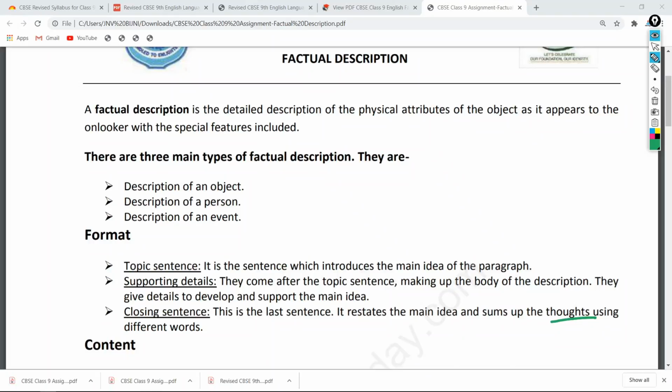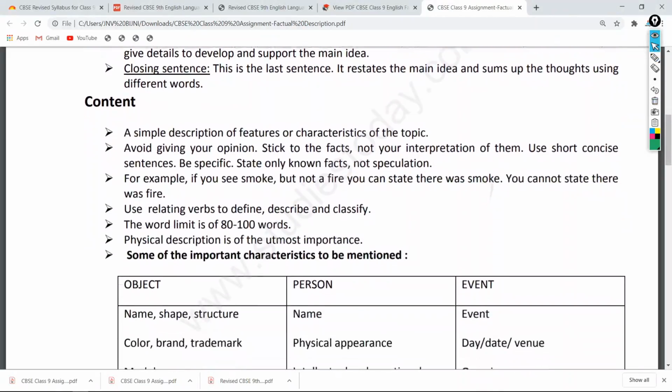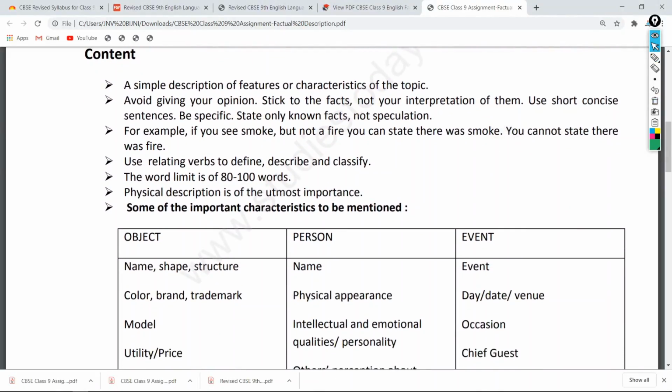Then, my dear children, come to the next part. So here we go. Let us go to the content now. A simple description of the features and characteristics of the topic. That means you are telling about the features.